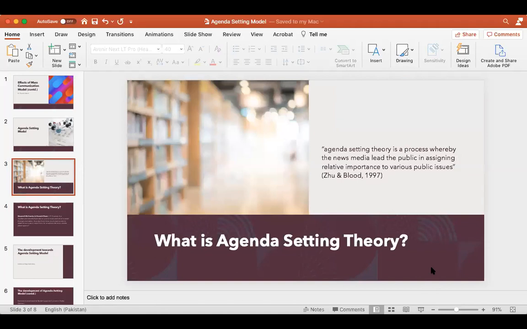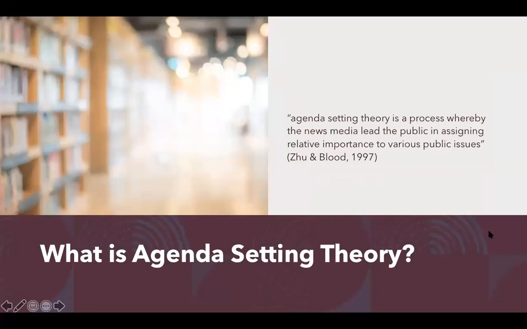The first slide talks about what agenda setting theory, or the agenda setting model, actually is. You can see that I have given a quotation that offers a brief definition of the model. This quotation was given by scholars who contributed a book chapter in 1997, in which they defined the theory on the basis of their research.